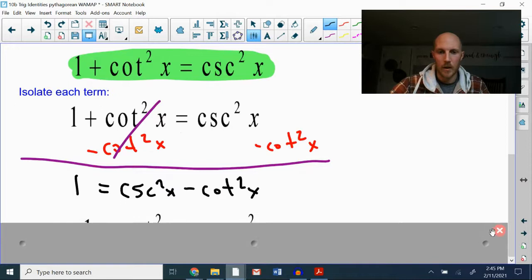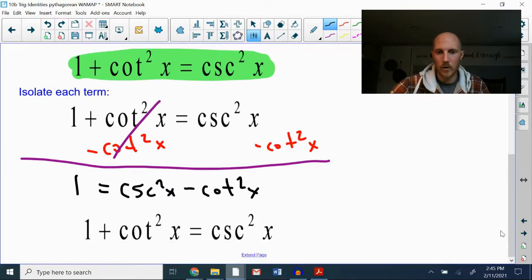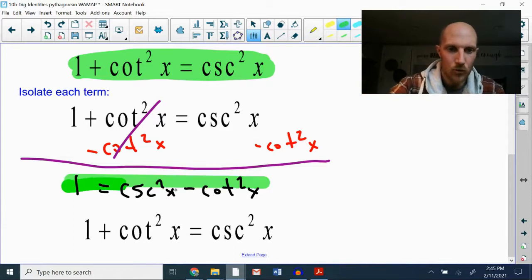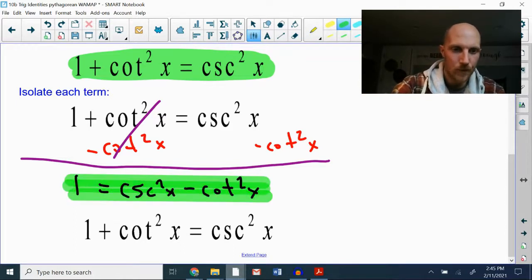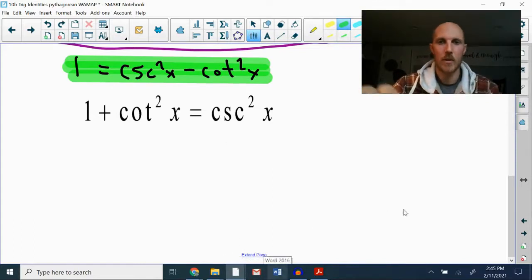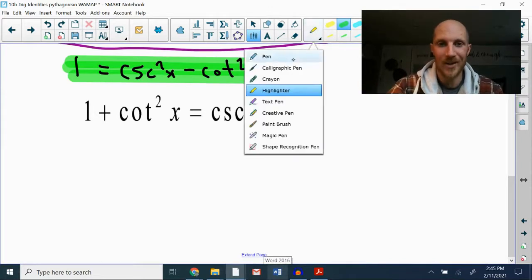All right, and that is our next version. So I got it. I should highlight that, and then we'll get to the next part there. Okay, 5 down. We still got a ways to go. The next job will be to get cotangent squared of x isolated.